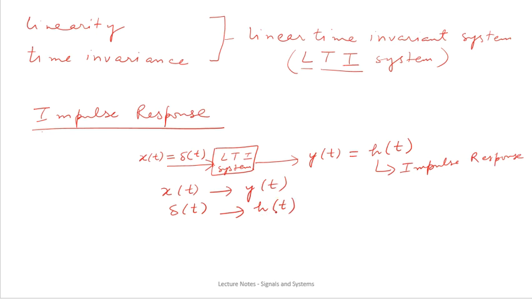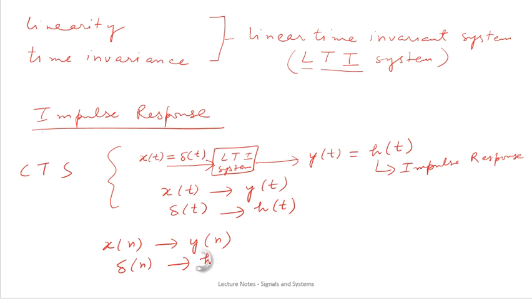This is the unit impulse response of this continuous time system, and this is the unit impulse function applied as an input. This was for the continuous time system. The same thing you can have for a discrete time system as well. For a discrete time system, suppose the input is x[n] and the output is y[n]. If the input is delta[n], then the impulse response will be h[n].